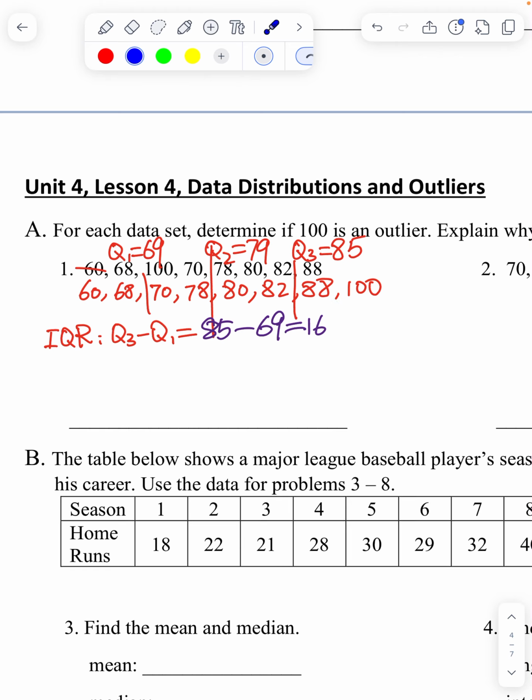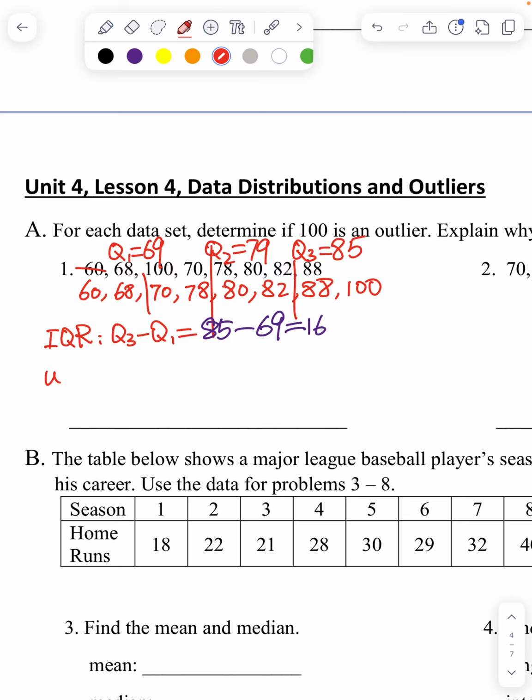Now, 100 is the upper one, it's bigger. So we test this, we're going to use our upper fence to test it. So we need to figure out what is the upper fence. If 100 is bigger than the upper fence, then yes, it is an outlier. But if 100 is less than the upper fence, then it's not.